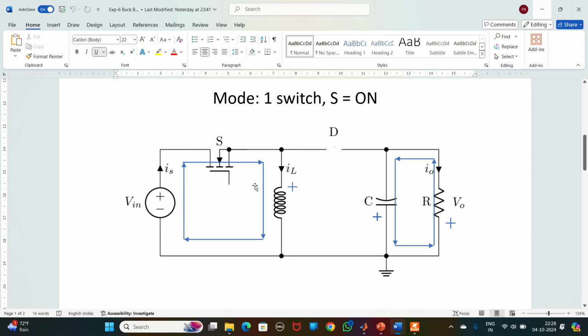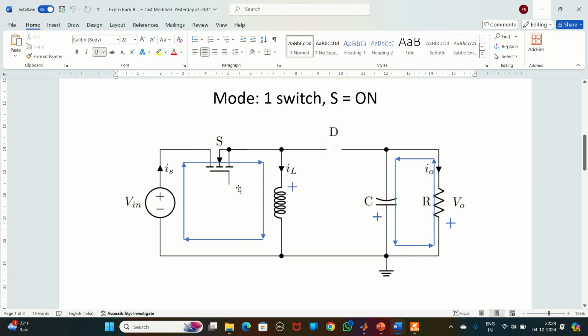As you know, an inductor will not allow sudden change in current. Slowly the current in the inductor will rise.